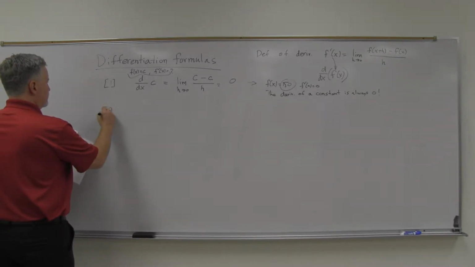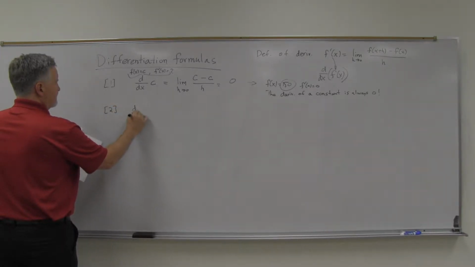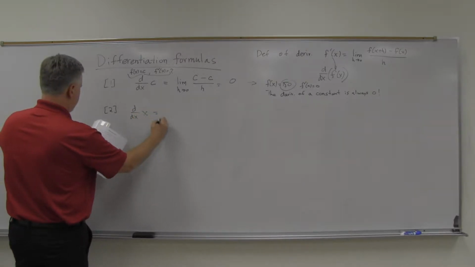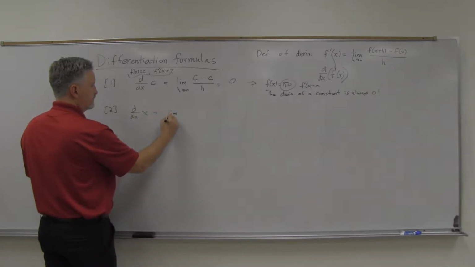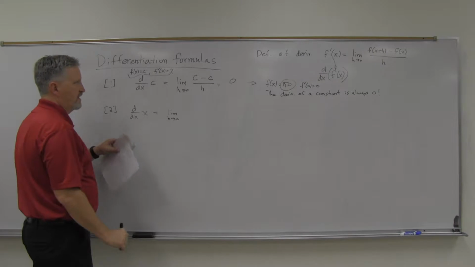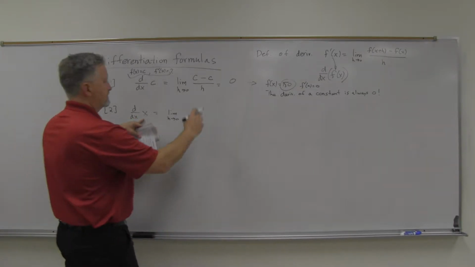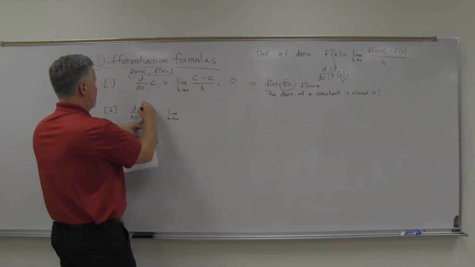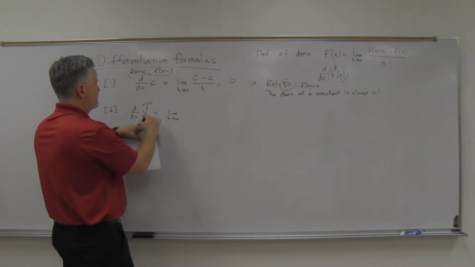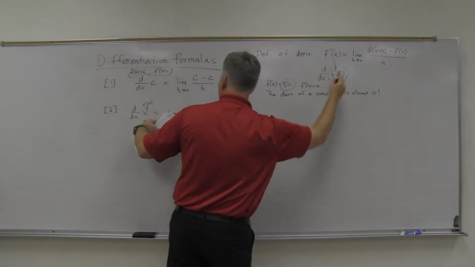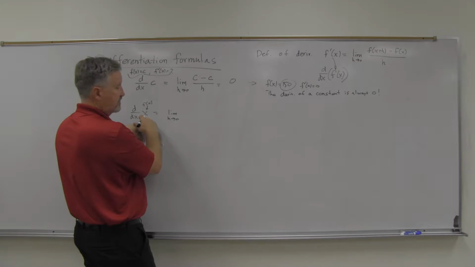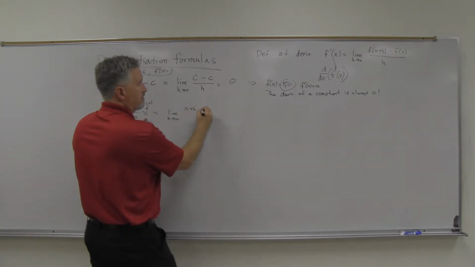All right, so number 2, I do the same thing, d dx of x. I've got this all written out for you, but I'll write it up here. If I do the limit definition, this is my f of x. So if I plug in f of x plus h, it'll be x plus h. If I plug in the x plus h for x, it'll be x plus h minus f of x.